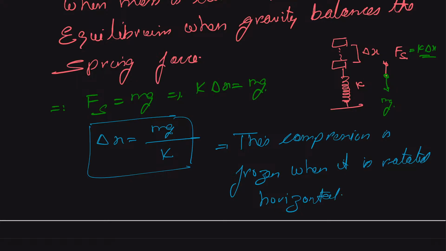It means there is no change in this delta x when the system moves from the vertical to the horizontal. So we can say it is in the frozen condition.